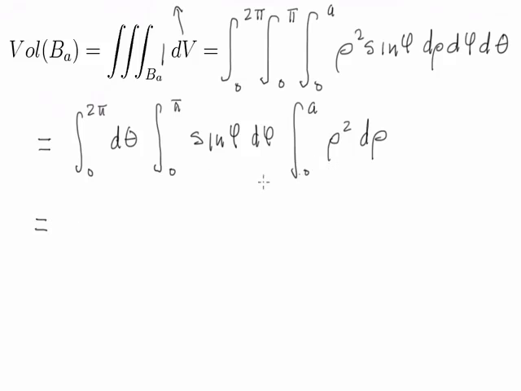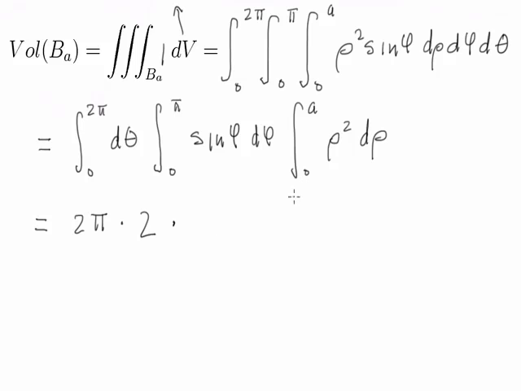We just compute each one of these separately. So this is just 2 pi. The integral from 0 to pi of sine of phi is equal to 2. You can verify that on your own if you don't take my word for it.